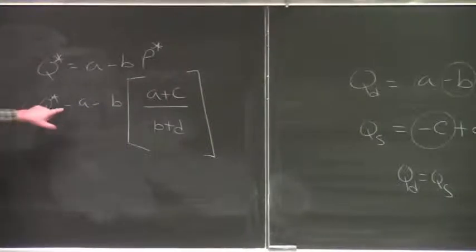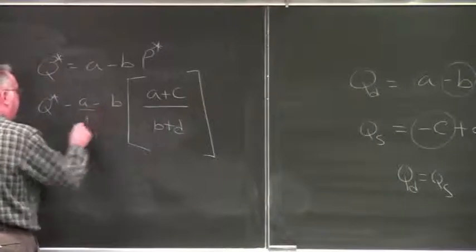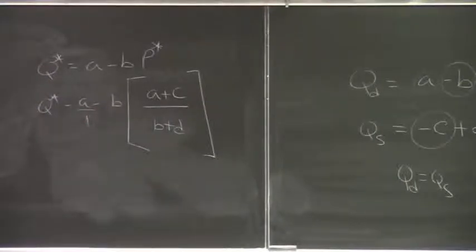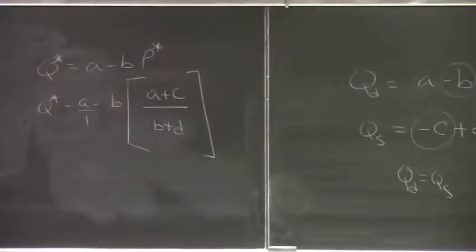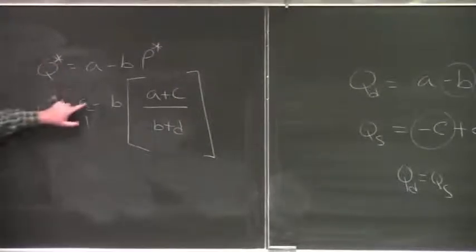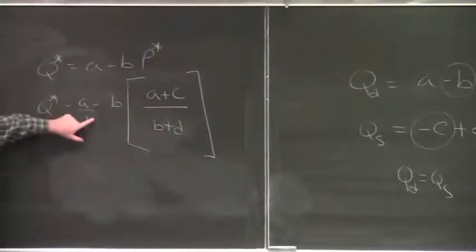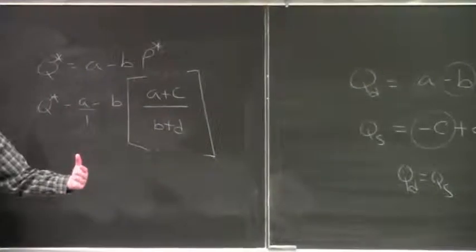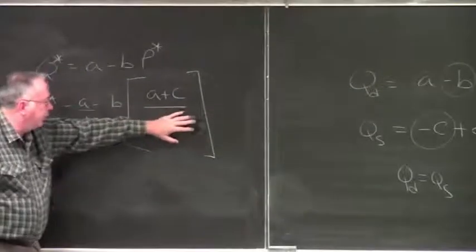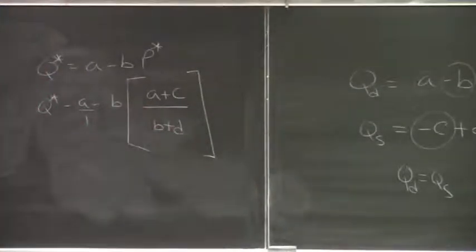All you have to do is take this term A. By the way, A is the same thing as A over 1. A over 1 and A are the same. Now take this term, multiply the numerator and the denominator by B plus D. B plus D is your denominator over here. So if you want to get the denominators the same, you do that. Now that seems like it's making things more complicated, and at first it is, but we'll see that in the end it makes things a little bit simpler.